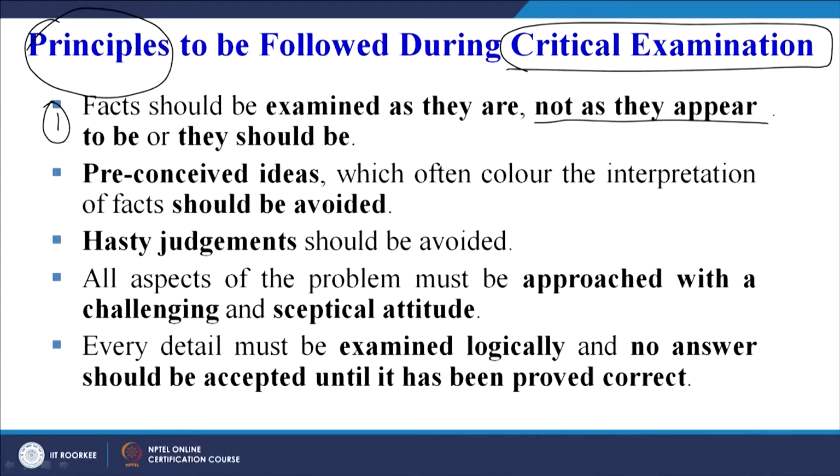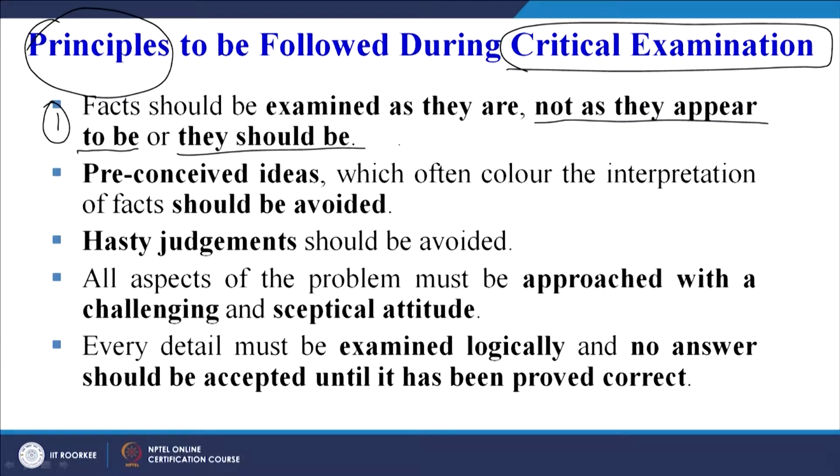Now, once we are doing the critical examination, what are the principles to be followed? Principle number 1 is given on your screen. Facts should be examined as they are. We must be very particular about what facts we are going to examine. We must not use our own intuition to see how they appear or how they should be. How they should be, we will focus on later. We want to develop a better method, we will look for alternatives.